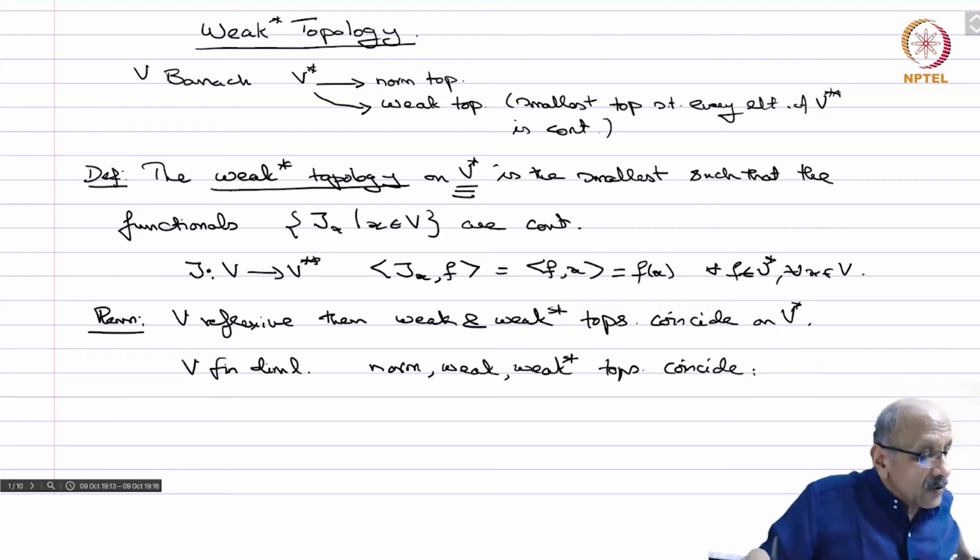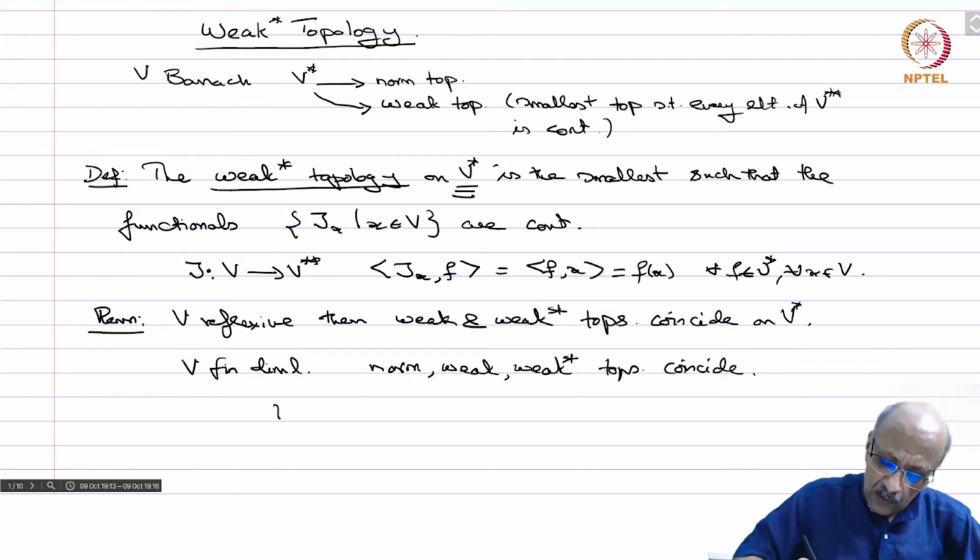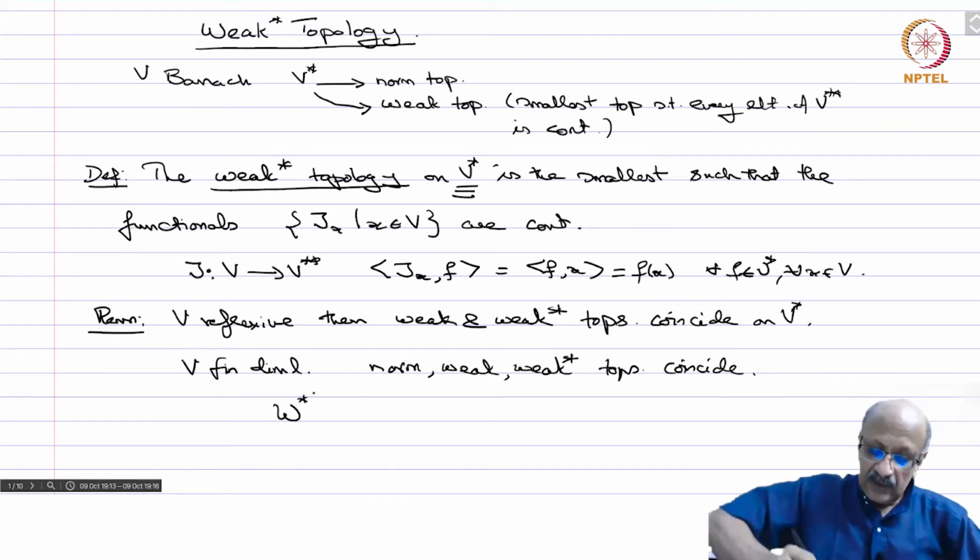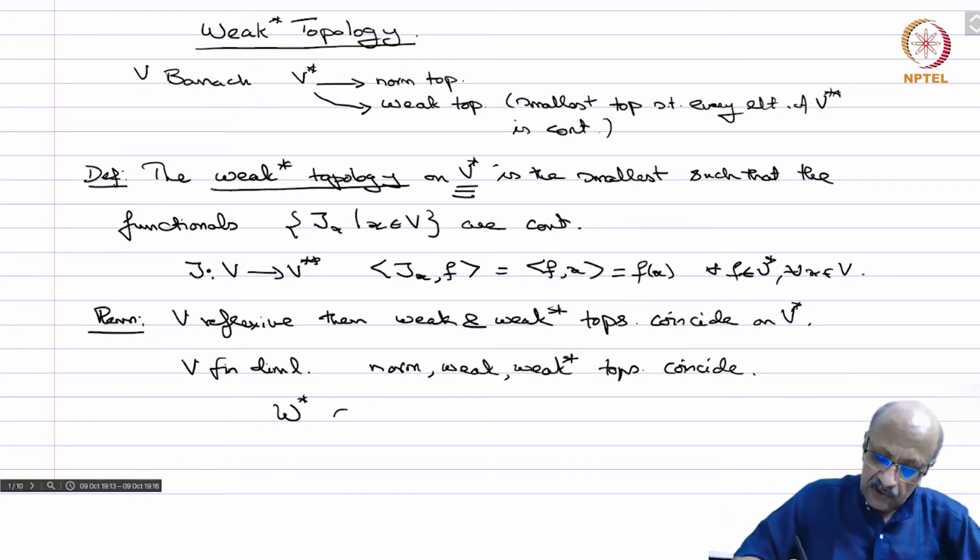Okay, so the weak star topology is contained in the weak topology, which is contained in the norm topology. This is the norm topology, this is the weak topology, and this is the weak star topology.